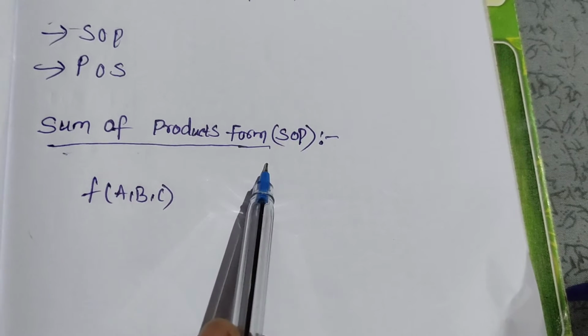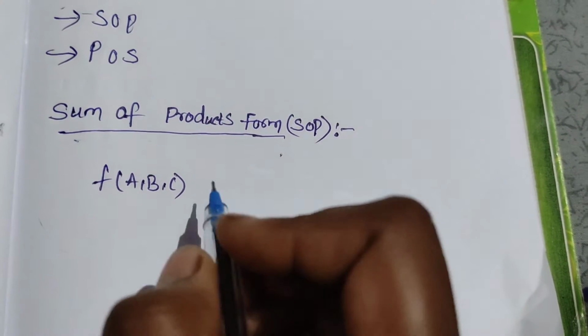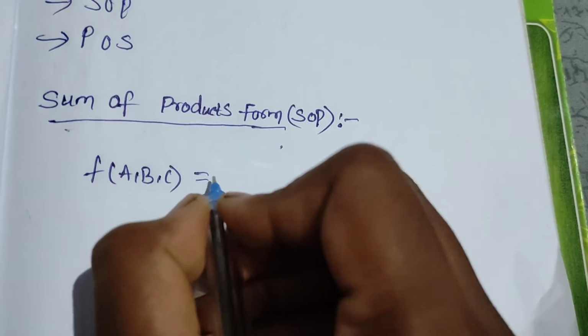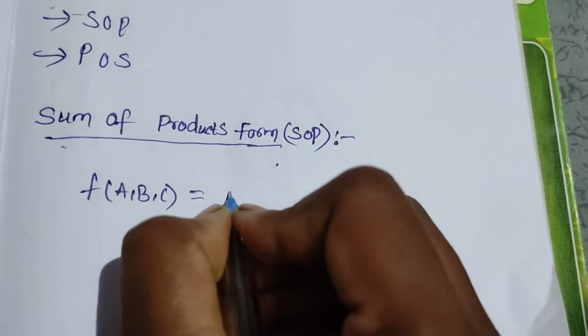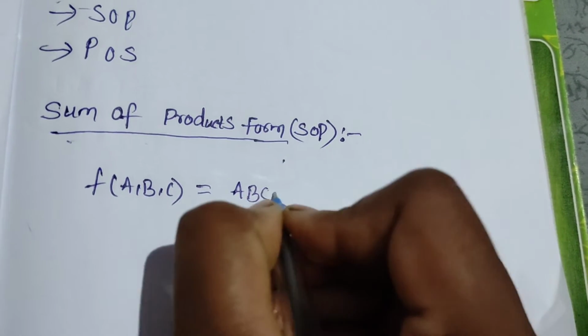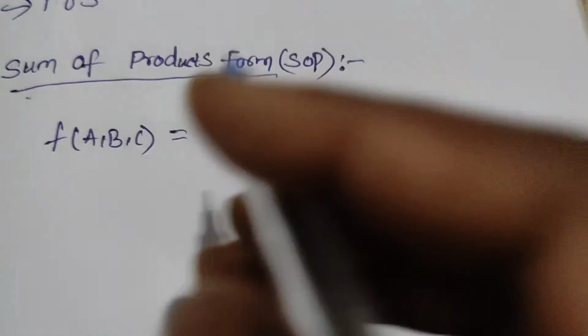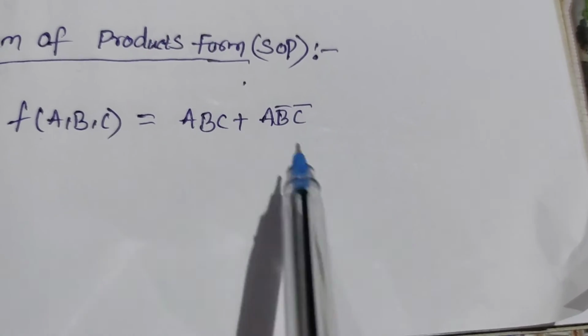In sum of product form, each function consists of two or more product terms which are ORed together, nothing but summed together. Let us take a function f of ABC is equal to ABC plus AB bar C bar. It is a Boolean function in the form of sum of products.